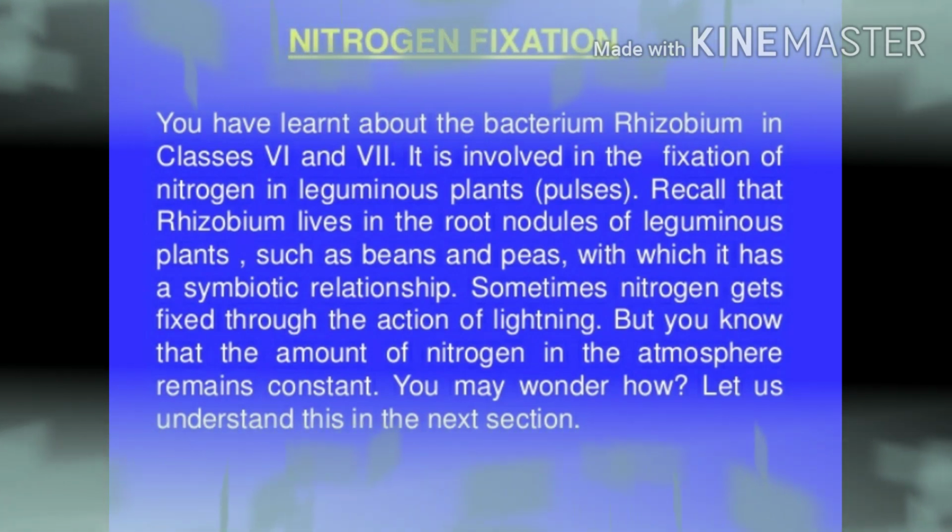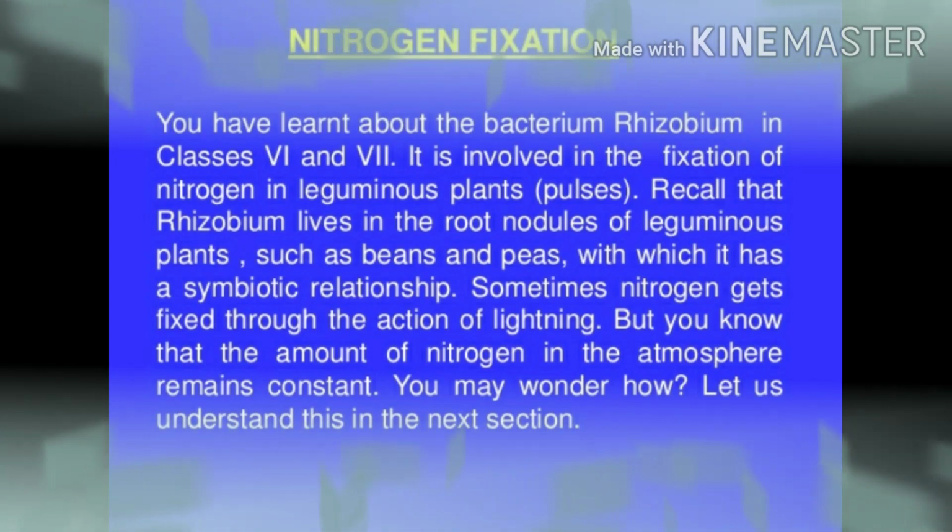Recall that Rhizobium lives in the root nodules of leguminous plants such as beans and peas, with which it has a symbiotic relationship. Symbiotic relationship is nothing but both the organisms get benefit.